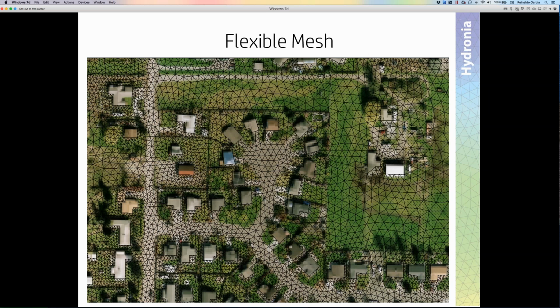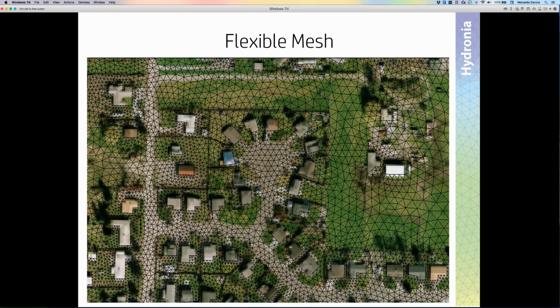So again, the flexible mesh is just a mesh formed of triangles. And these triangles can vary in size. And you can develop the mesh in such a way that the mesh is adapted to any building or street or whatever obstacle you have in your urban area. You can have a zone wall, you can have a coastal wall, and define the elevations of that wall that can vary along it.